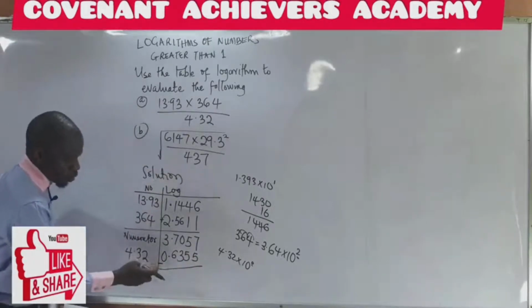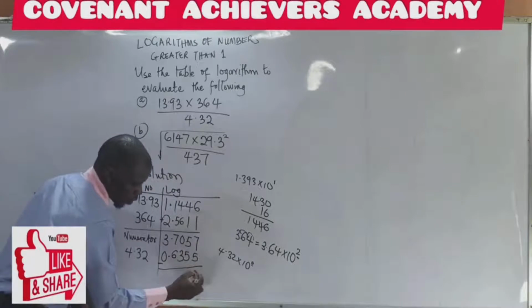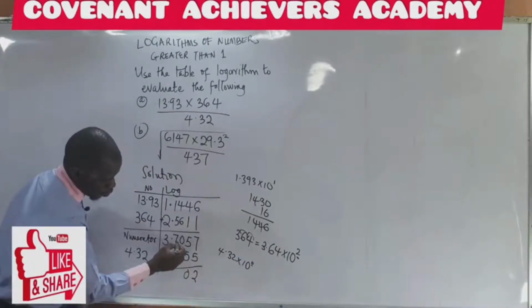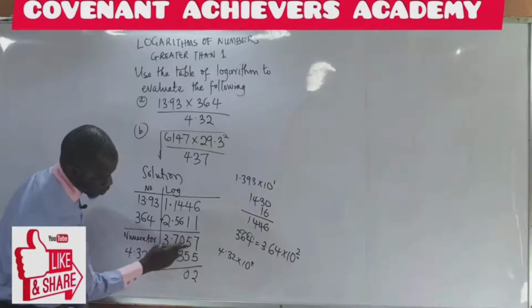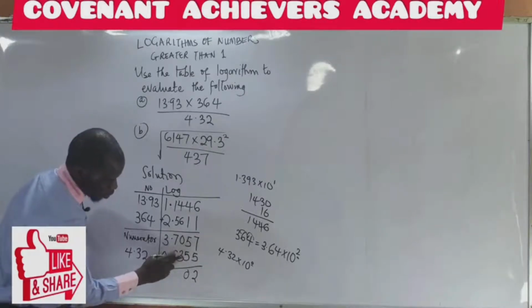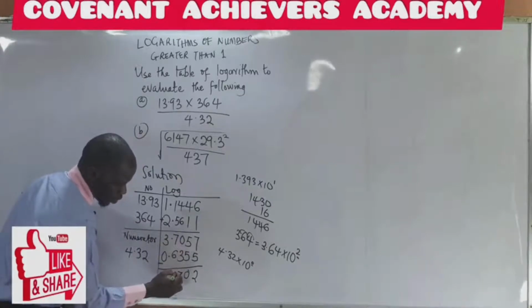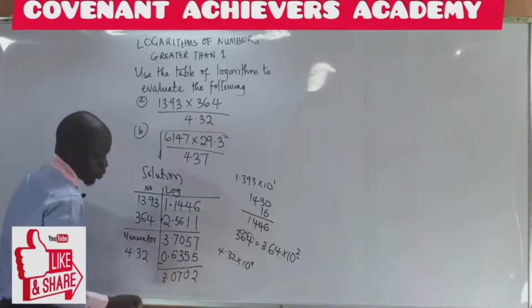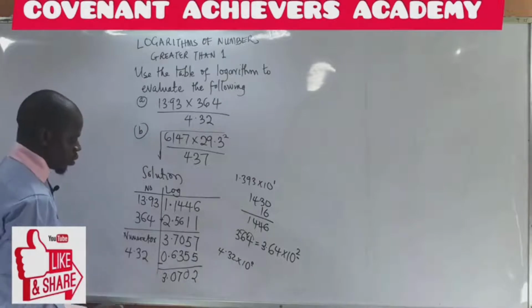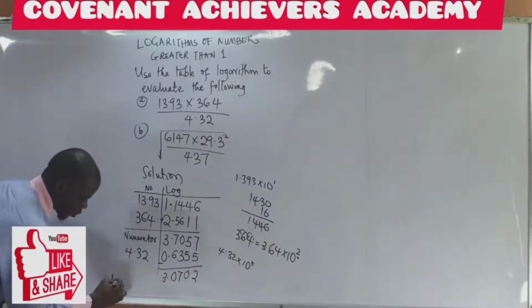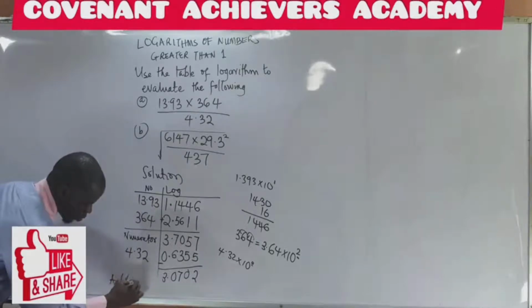You are going to minus 7 minus 5. That's 2. 0. Borrow 1 from here to make it 10. 10 minus 3, 7. 6 minus 6, 0. And you have 3. So this is 3.0702. Then you are going to find the antilog as the final answer.